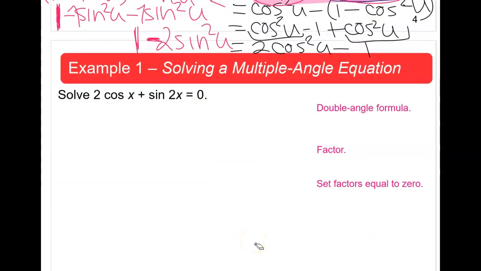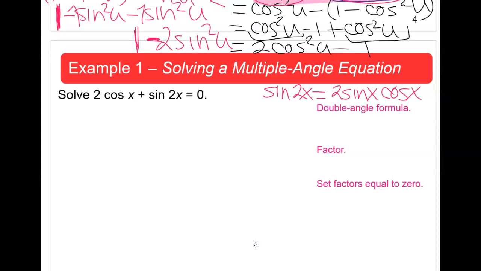So the sine of 2x, we're going to substitute with 2 times sine x cosine x. That is the formula from the previous slide.